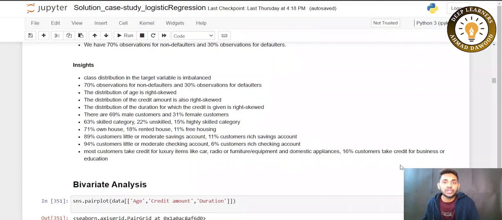These are the insights we have drawn from the univariate analysis. Now we will have a look at the bivariate analysis.